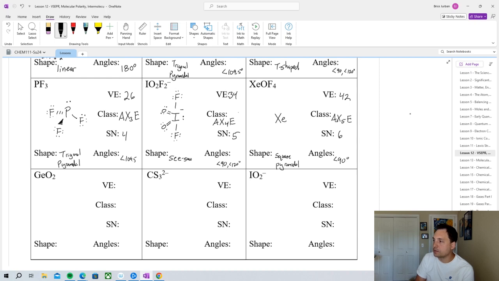Xenon's in the middle. And then for this one, there are 2 ways we could draw this structure. We're going to have the lone pair on the top, and I'm going to put the oxygen here on the bottom. So you could think about where the oxygen wasn't on the bottom, and then it was on one of these other locations.